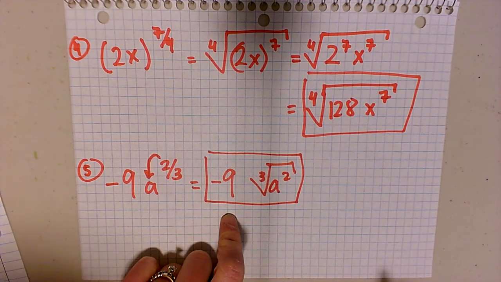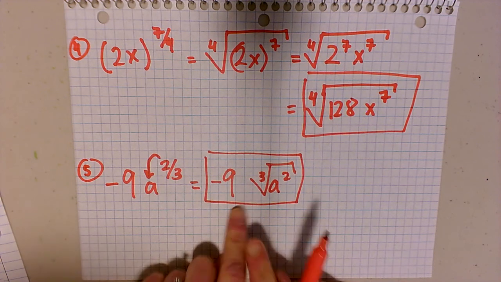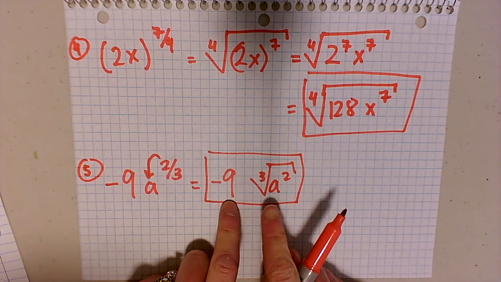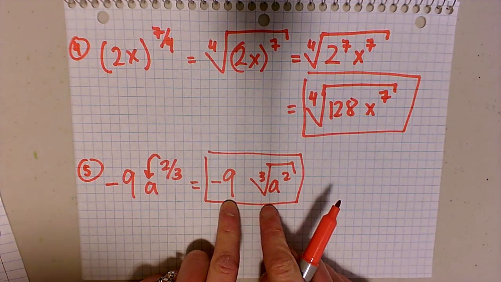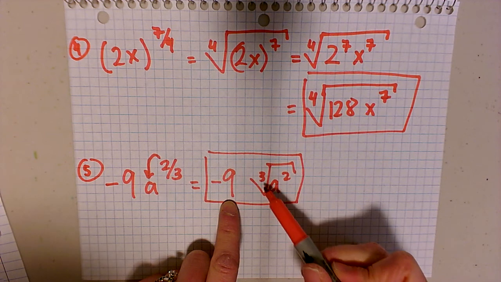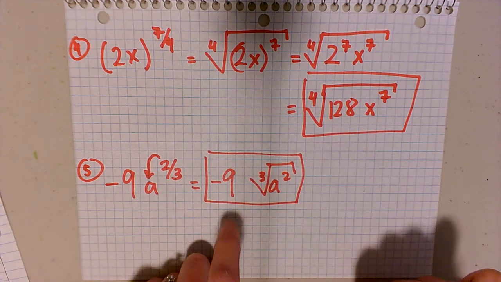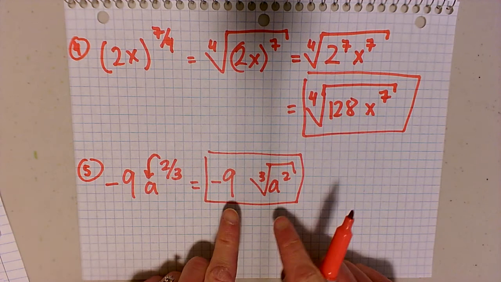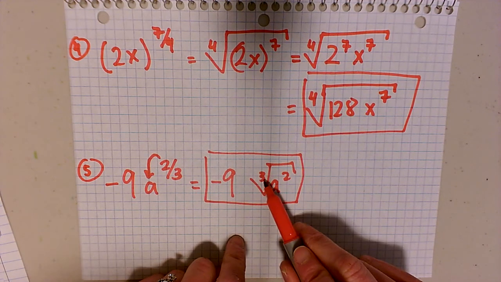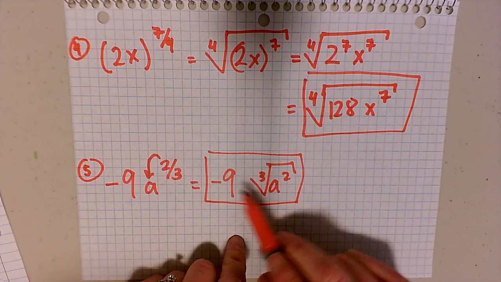Now, one thing I want to draw your attention to here. Notice how I kind of left this space between my negative 9 and the radical. And then the 3, I kind of have it inside the radical, inside that little fish hook like that. And you definitely want to make it clear that your root is your root and not your exponent on 9.